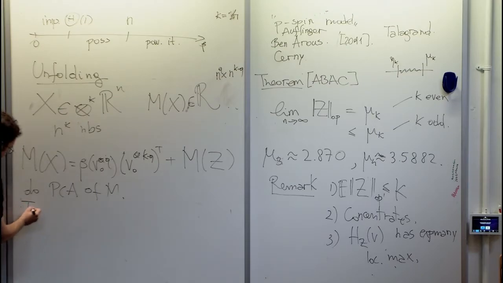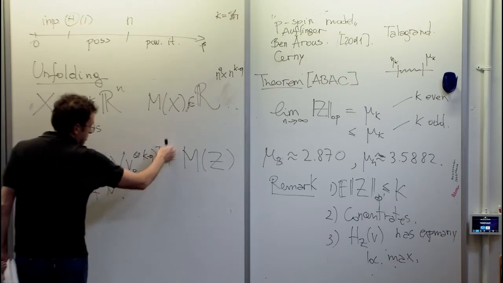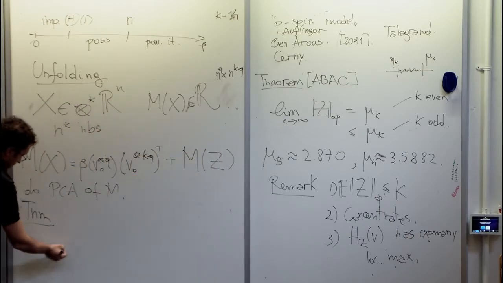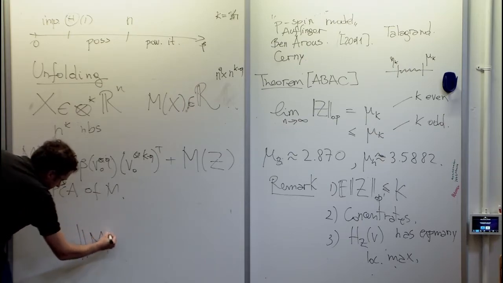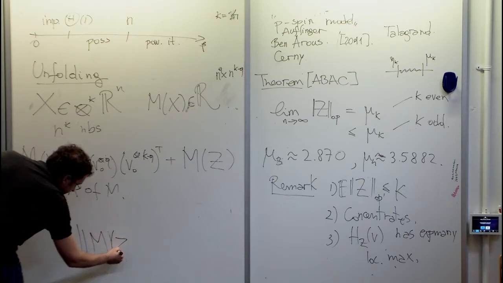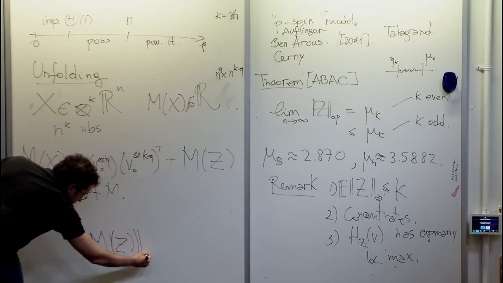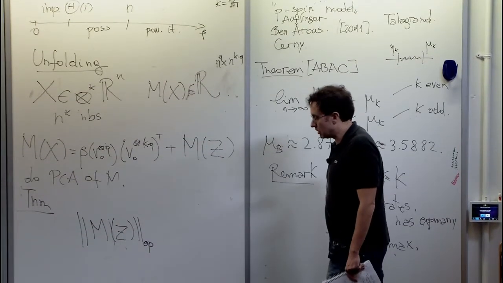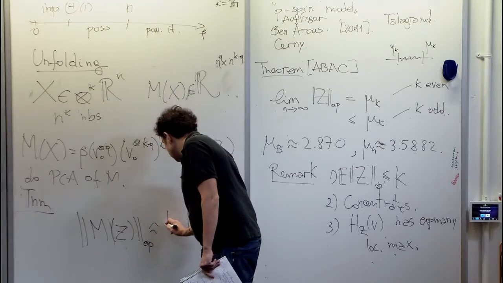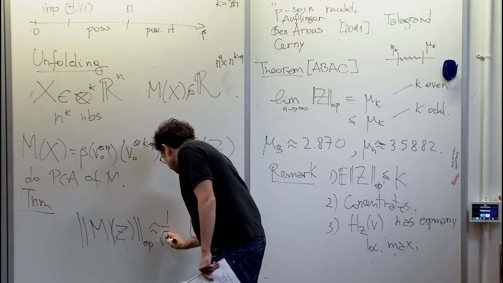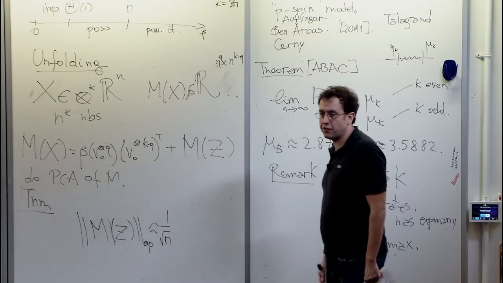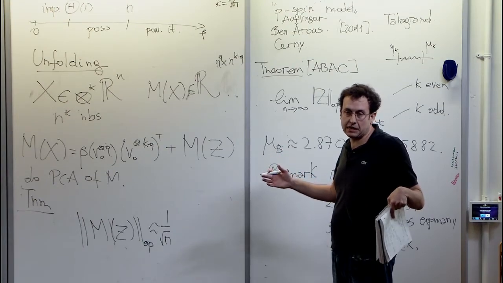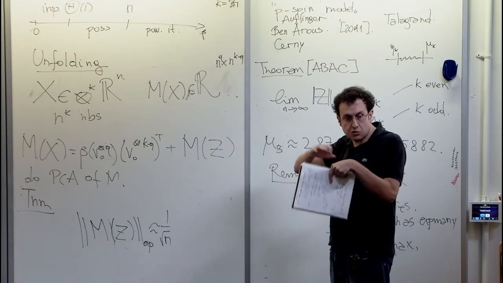Okay, so now the way this works depends on the norm of this noise operator. We have a simple theorem that says the following: if you look at the operator norm, now this is a matrix, so it's the standard operator norm. So what is the heuristic? The heuristic is that this should be the size of the entries, which is of order 1 over square root of n, times what you would obtain by a Wishart matrix with the same dimensions, so a matrix with IID entries.